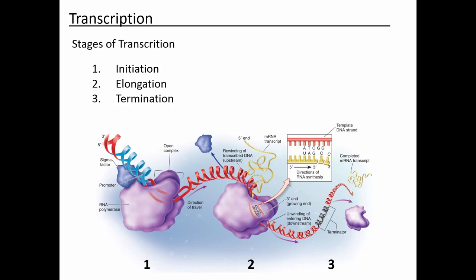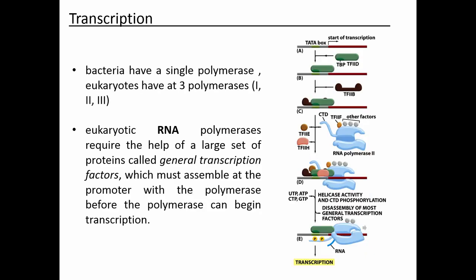In eukaryotic cells, rather than having one factor, you actually have a set of factors that are called general transcription factors. The reason that they're called general, because there's also specific transcription factors for each gene, is that they assemble at every promoter that RNA polymerase 2 uses. So they're general in that sense. And this is what mediates the binding of RNA polymerase to the promoter in eukaryotic cells.